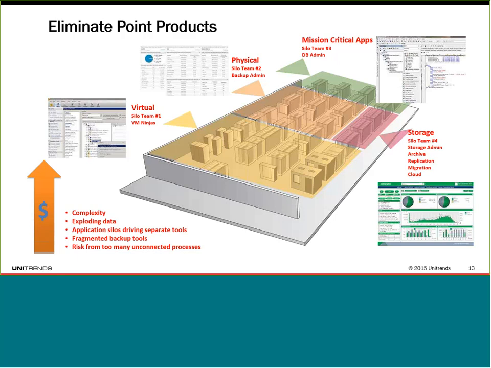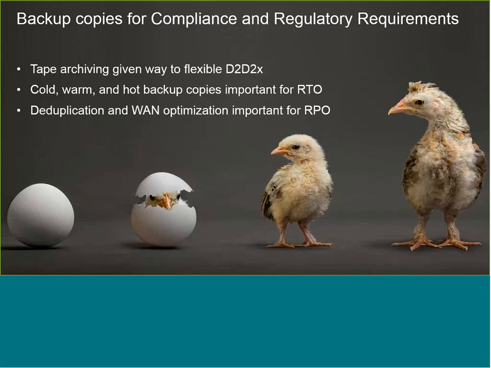We need to consolidate it, pull it together, incorporate an application that manages all of these things, provides data protection and recovery for all of these environments, no matter what it happens to be, and incorporates the cloud for long-term recovery and compliance reasons. So for compliance and regulatory requirements, backup copies, right?